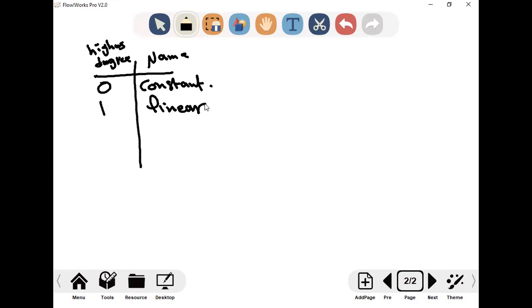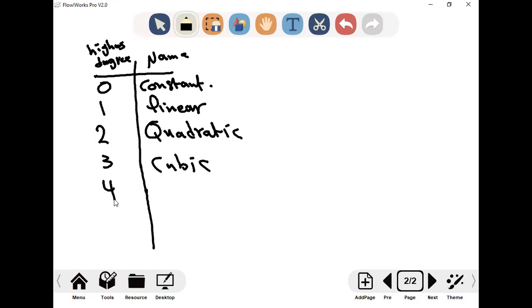If it's 2, quadratic. If it's 3, cubic. If it's 4, quartic. And if it's 5, quintic. Okay?